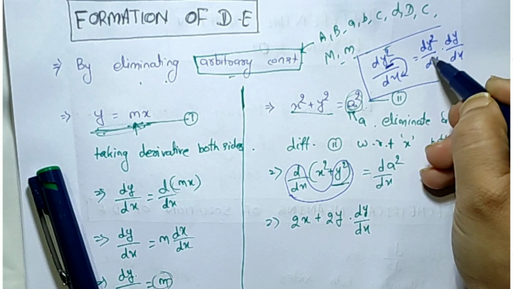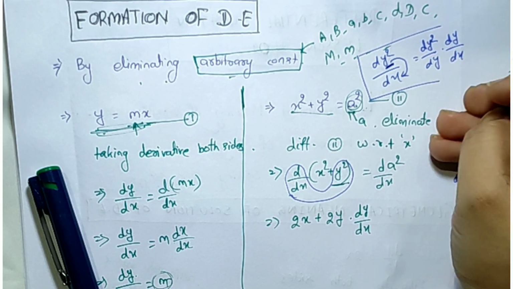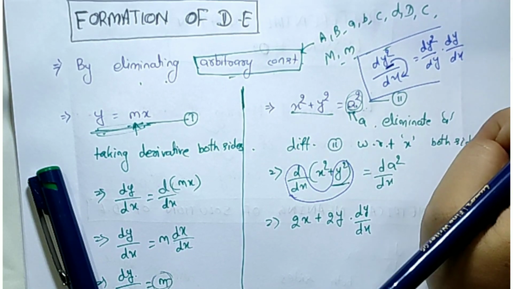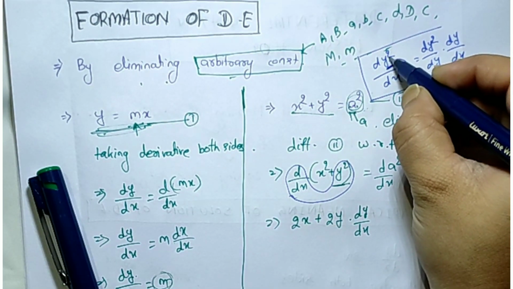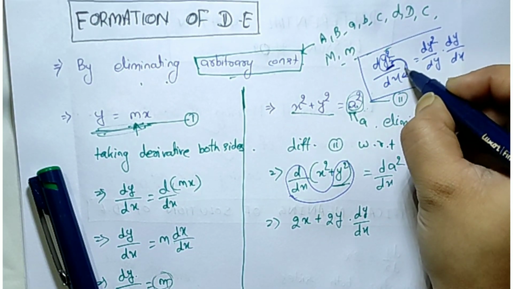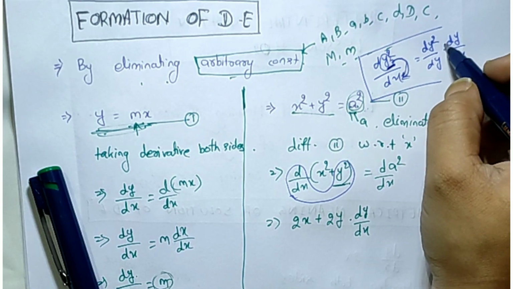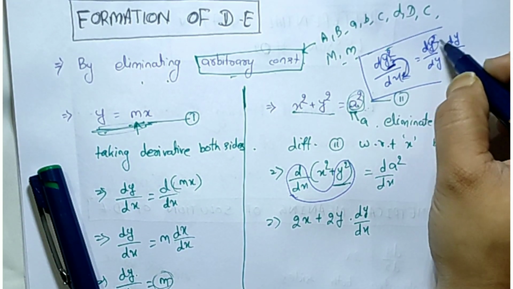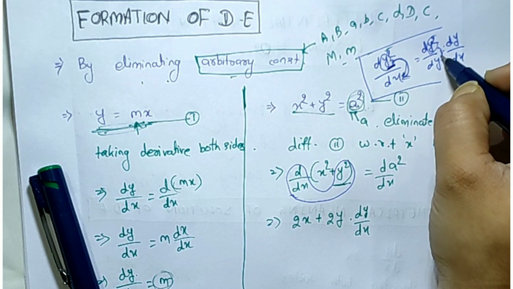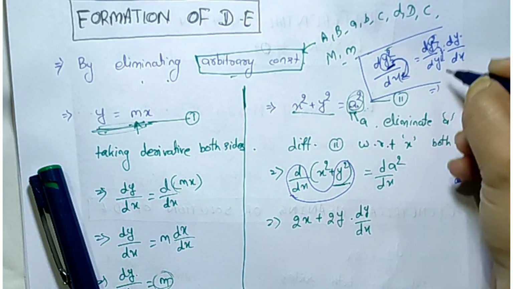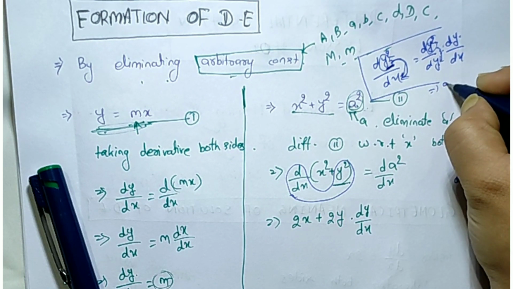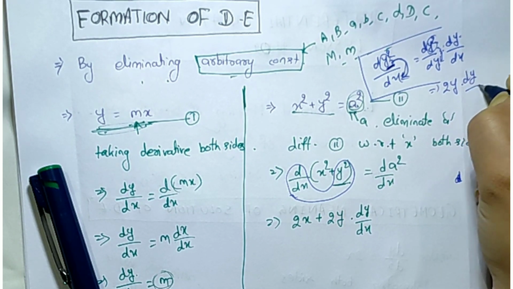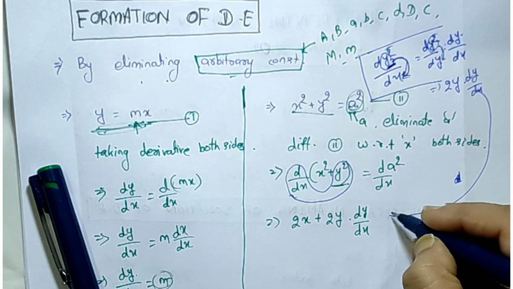If we differentiate with respect to dy, then we have to multiply by dy to cancel it out. We have a function of y, so we divide by dy and multiply by dy. Now d y square by dy is 2y into dy by dx, which we have already shown.